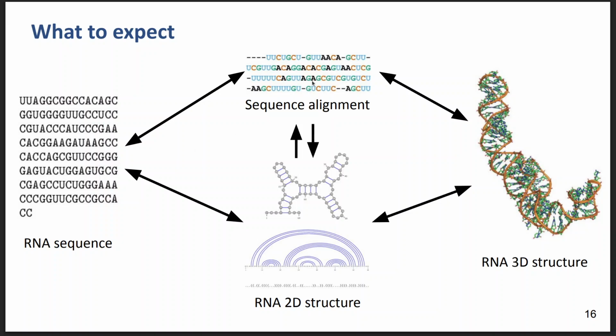Having either a sequence or a sequence alignment, we can try to predict RNA secondary structure. Secondary structure is another object, which is basically an RNA sequence and a set of canonical base pairs. These are three ways we usually depict secondary structure on a plane. This is the RNA secondary structure graph, where the blue edges are base pairs, and the short gray ones are covalent bonds between consecutive nucleotides.